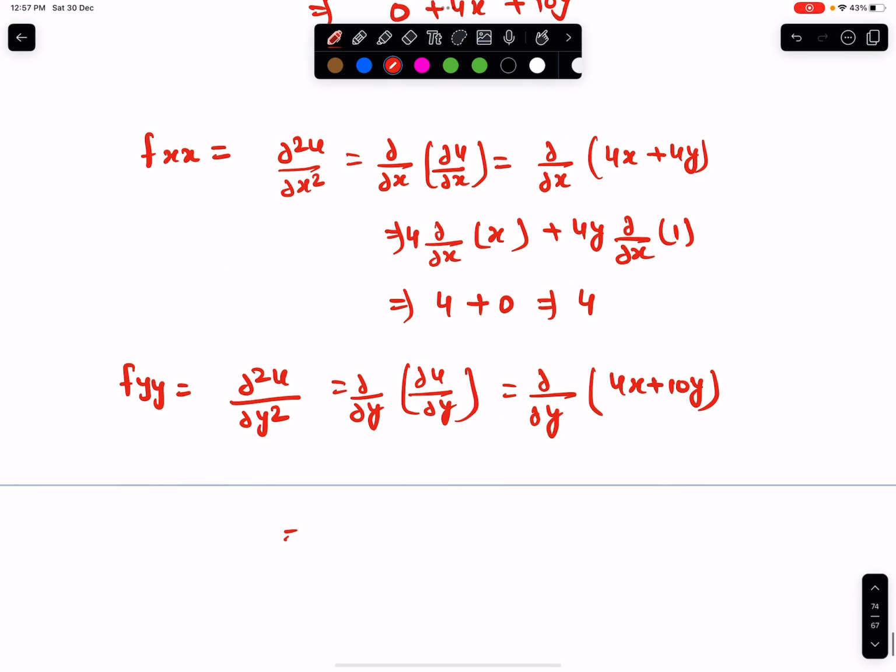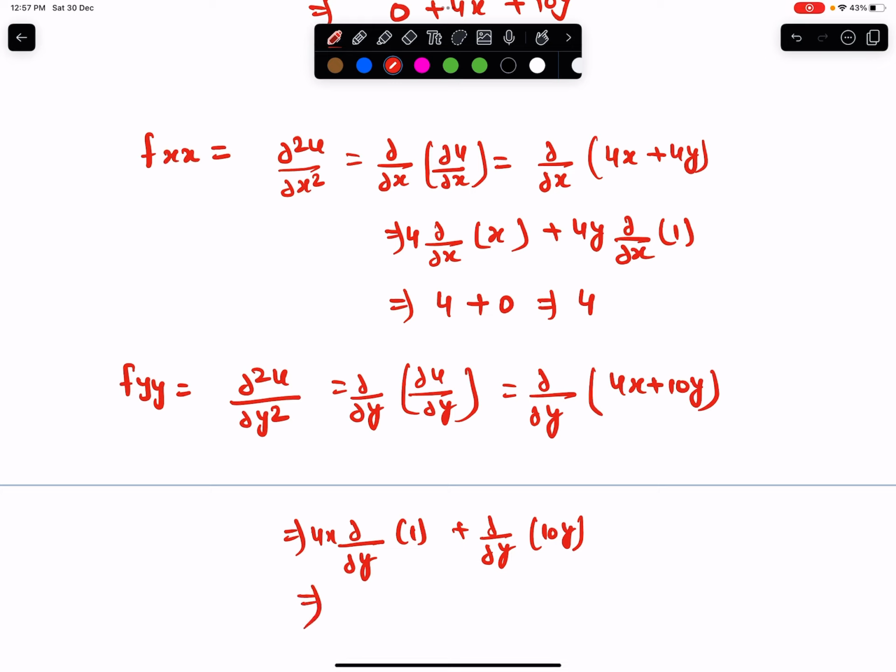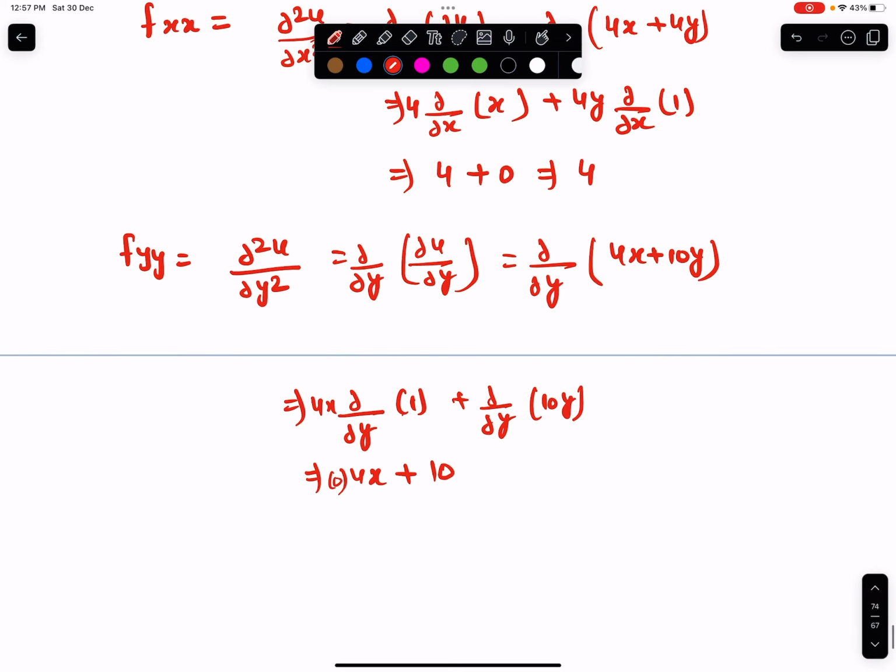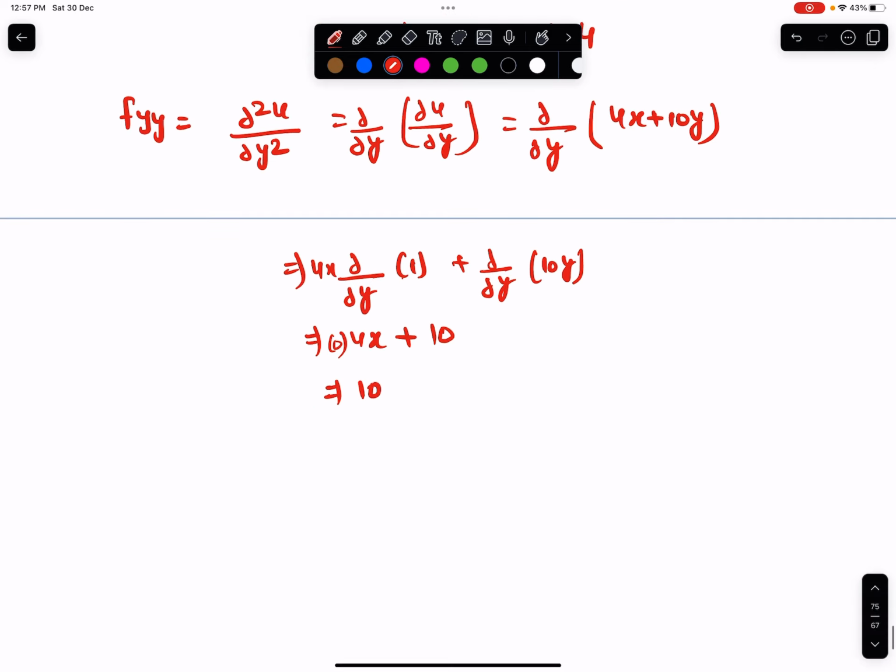That is ∂/∂y of 4x, which is 4x into 0, plus ∂/∂y of 10y, which is 10. So that equals 10. This is our f_yy.